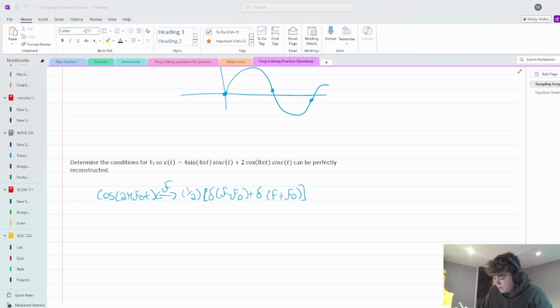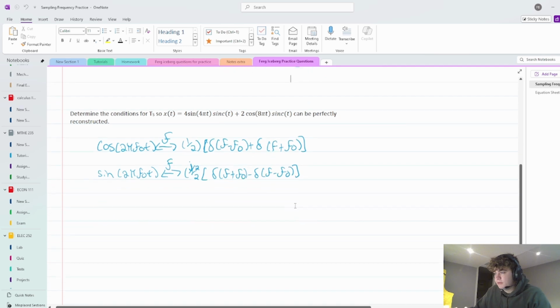And then the sine one is similar. Those are the Fourier transforms you will end up with.